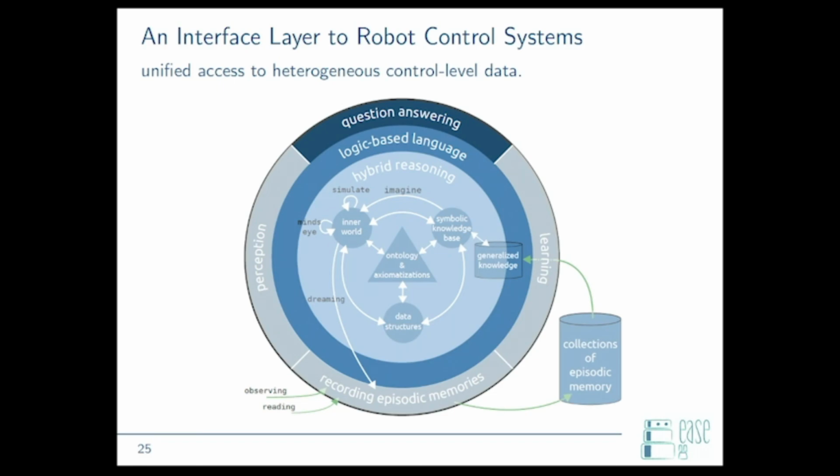And also, if you think about our digital twin knowledge representation, you can think of all the videos that this knowledge representation system can generate as supervised training data for deep learning, right?